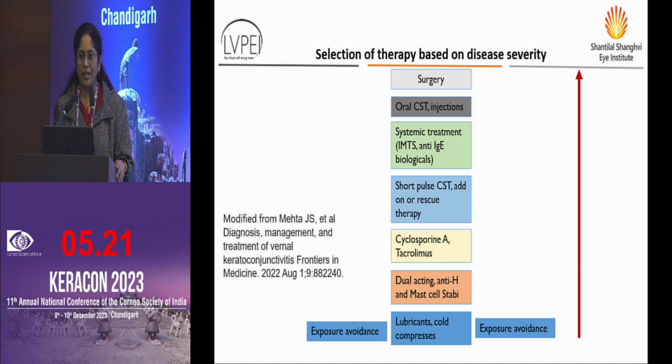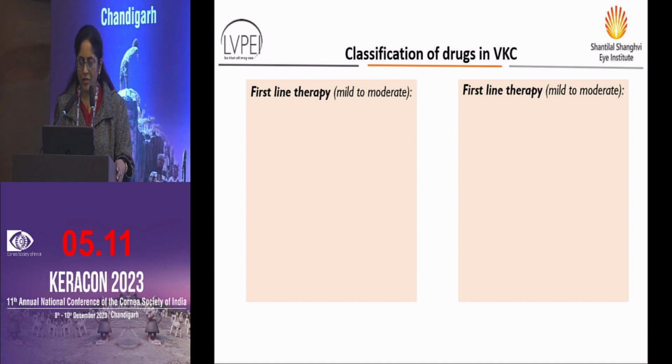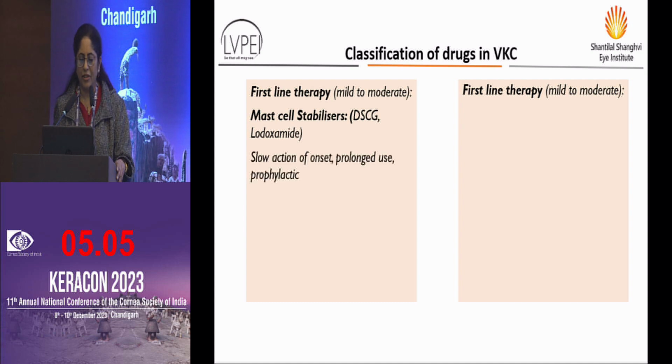And in some cases we do resort to surgery. I think Pragnya and others will be talking about some of the surgical reasons why we have to operate on these patients.